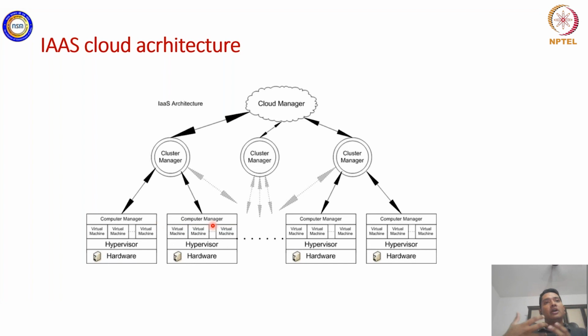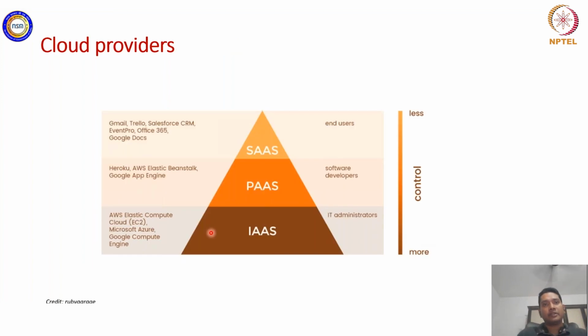So who are the service providers? Just to have an idea what kind of service providers there are for different levels of services. Infrastructure services are provided by AWS, Amazon, Microsoft, Google Compute Engine. These are mostly accessed by IT administrators.